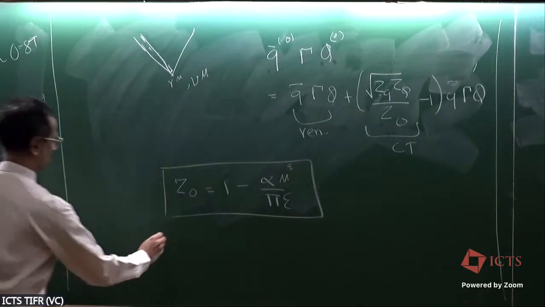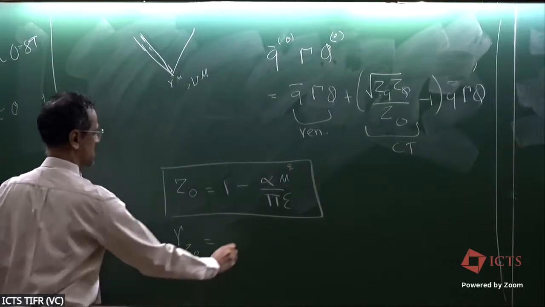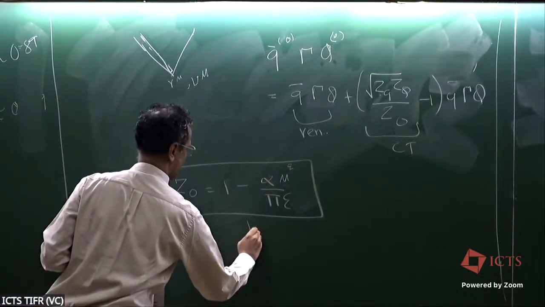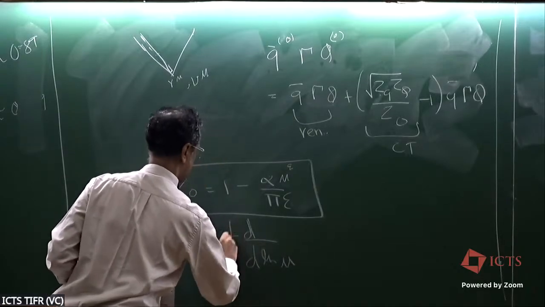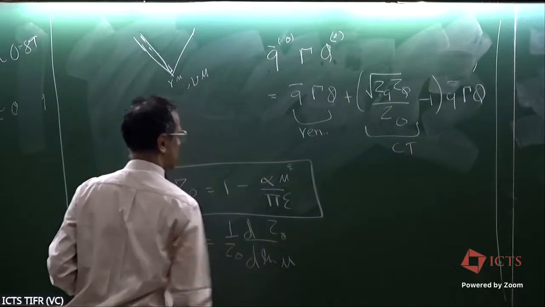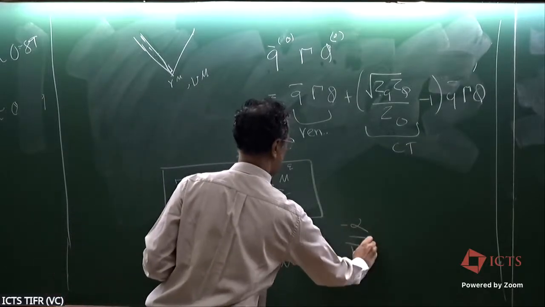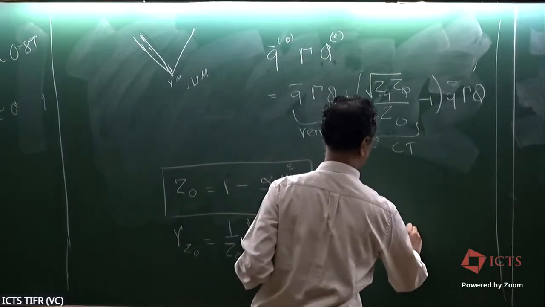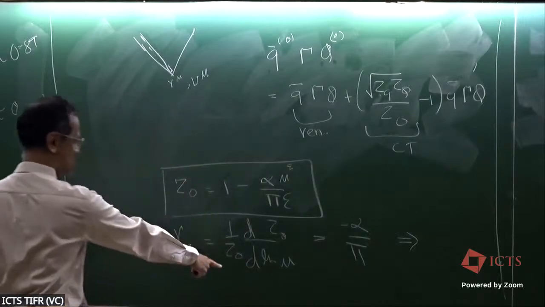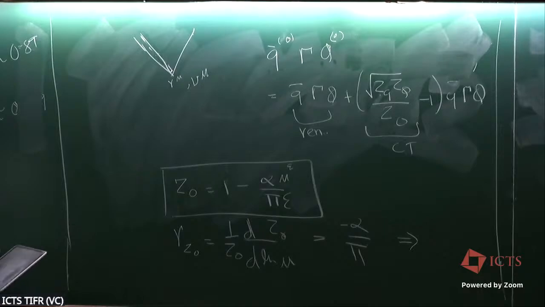In fact, the anomalous dimension of Z0 is given by d by d log. Therefore, now I can run from a scale which is higher to a scale which is lower.